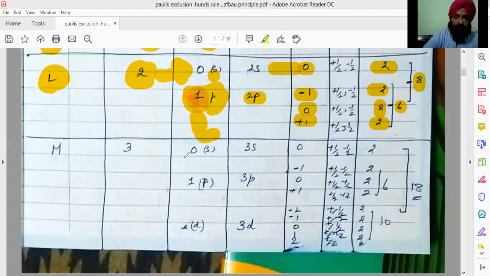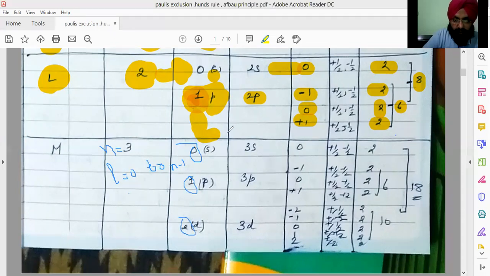L can have values from 0 to n minus 1. So for 3, the values will be 0, 1 and 2, up to n minus 1.